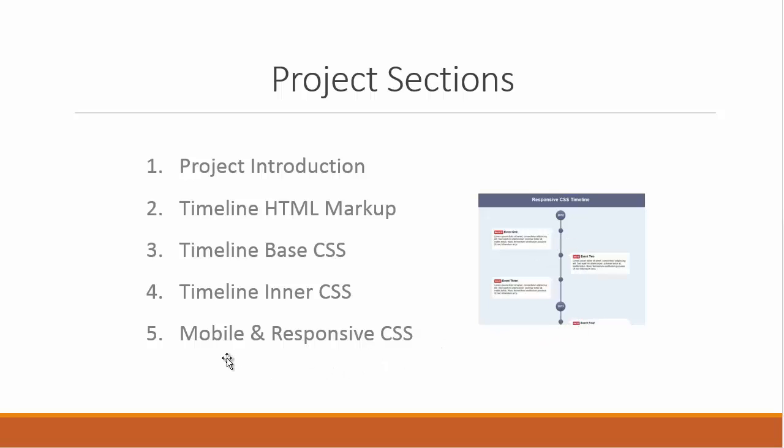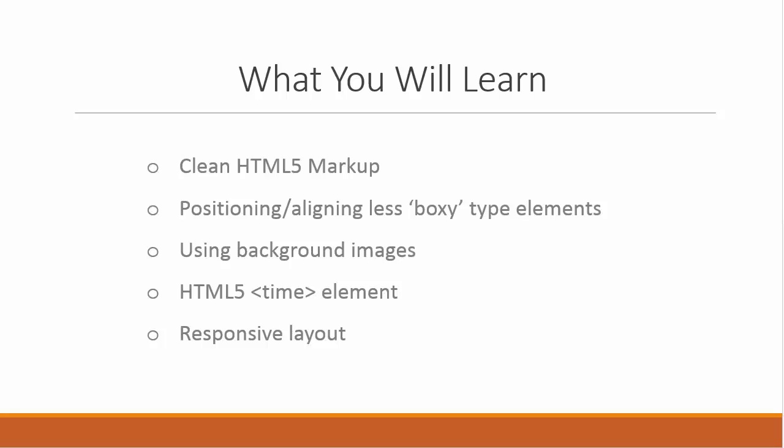And then, of course, we'll make it responsive, so we'll be able to view it on smaller screens, and we'll switch all the blocks over to the right and move the timeline to the left, to make it look good on mobile devices.